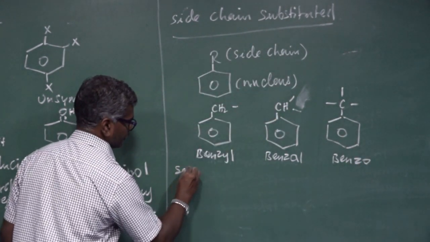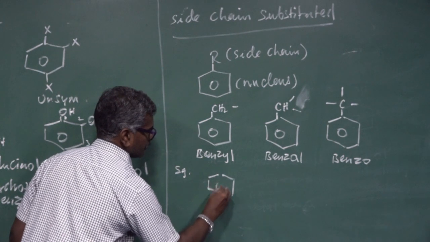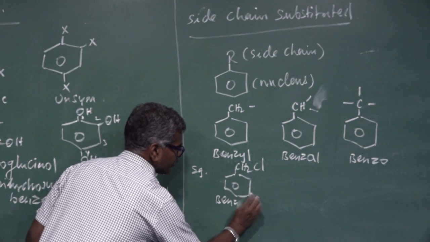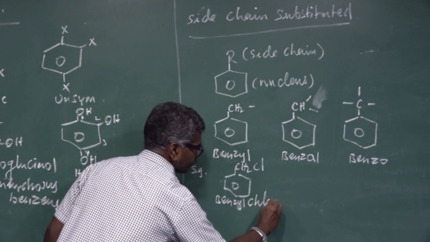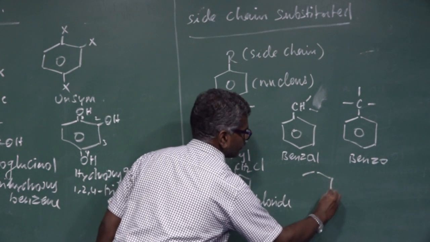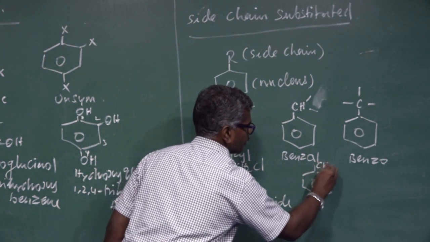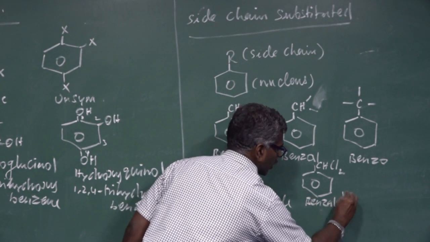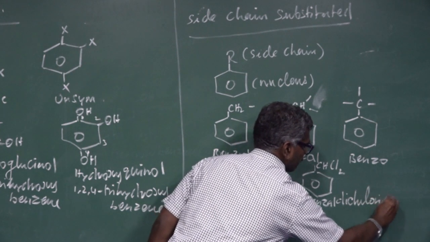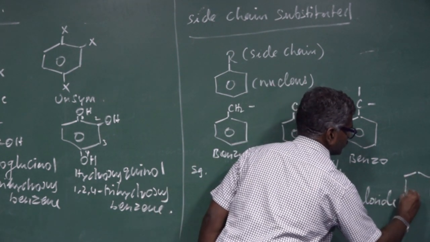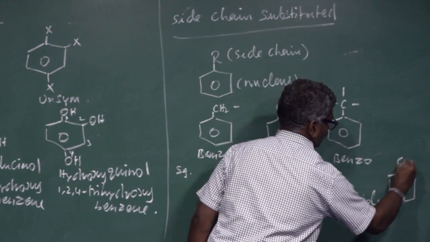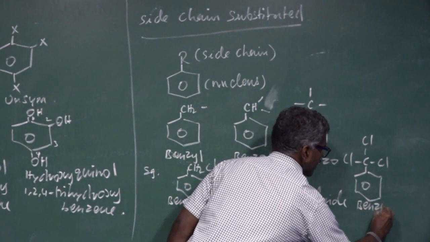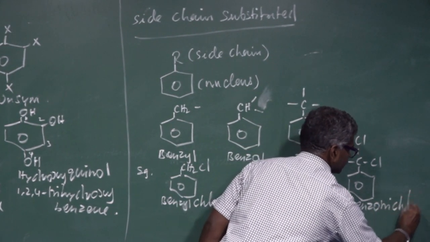For example, CH2Cl is benzyl chloride. CHCl2 is benzal dichloride. This one is benzo trichloride.